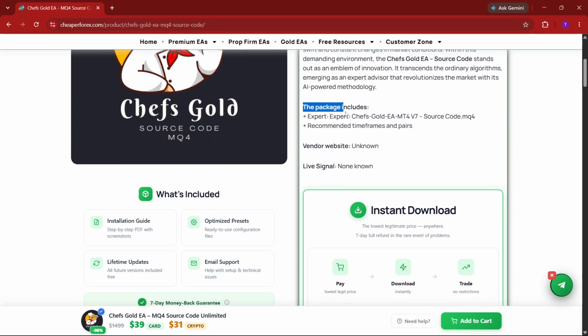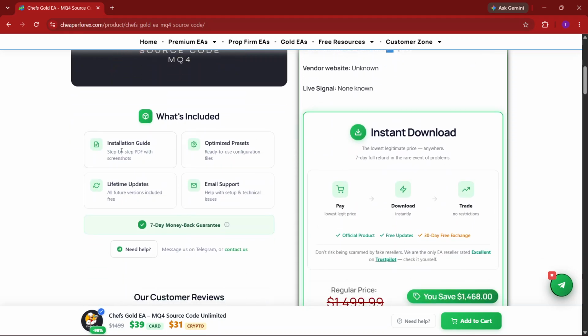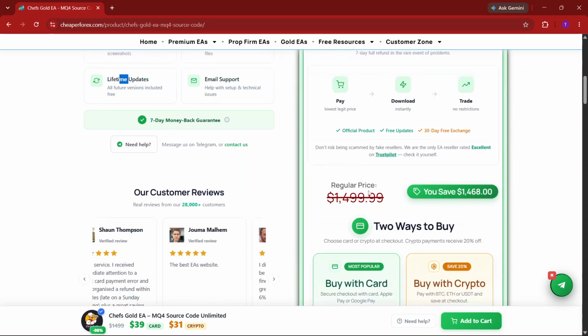Now, the package includes the expert advisor for MT4, the source code .mq4, and recommended timeframes and pairs. It comes with an installation guide as a step-by-step PDF with screenshots, ready-to-use configuration files, email support, and lifetime updates.